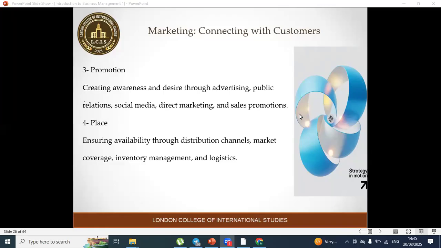So the people will tell themselves one important question: I have to go to you because you're giving me the same product with a good or competitive price. Then place, ensuring availability through distribution channels, market coverage, inventory management, and logistics.